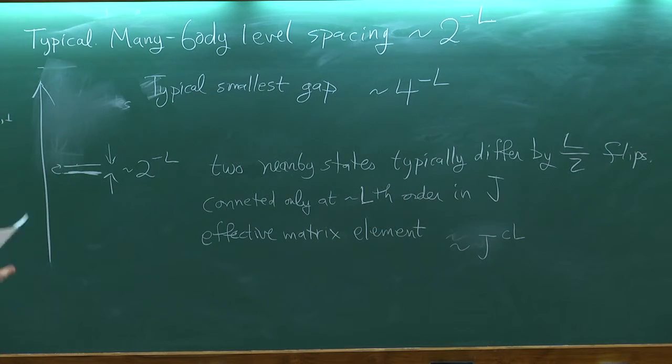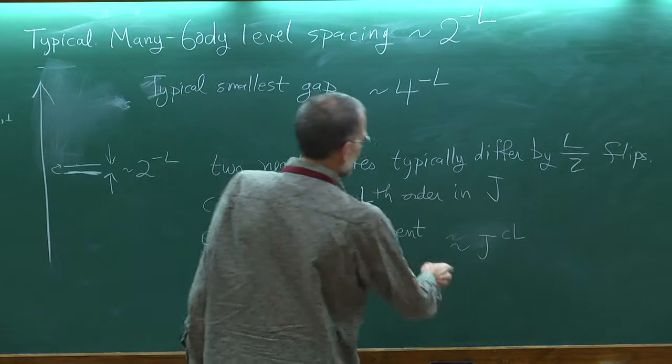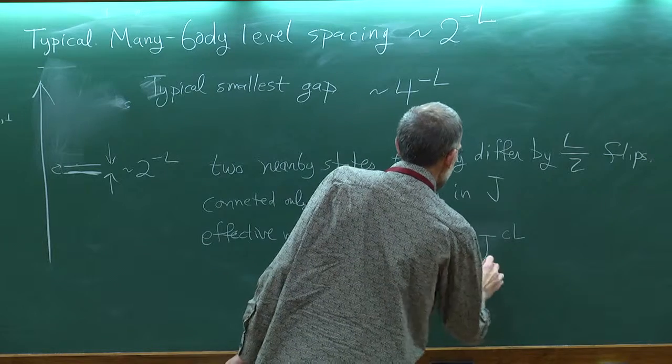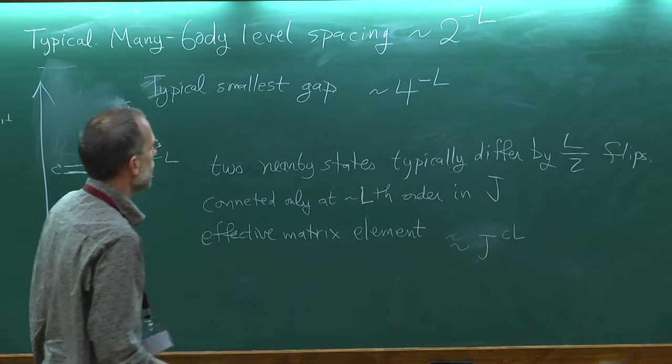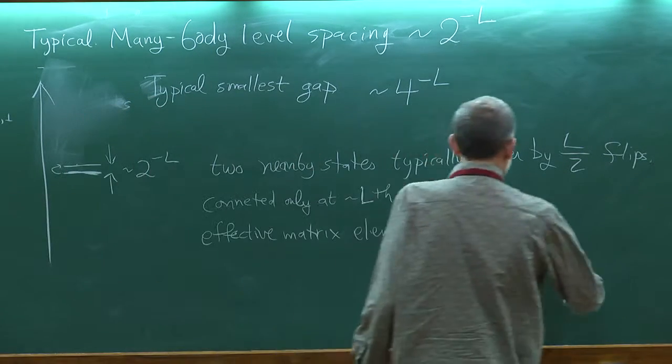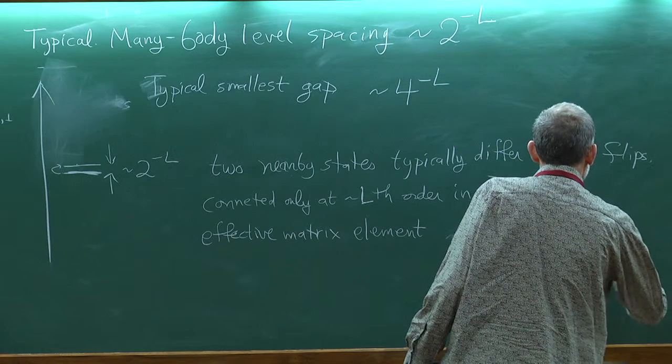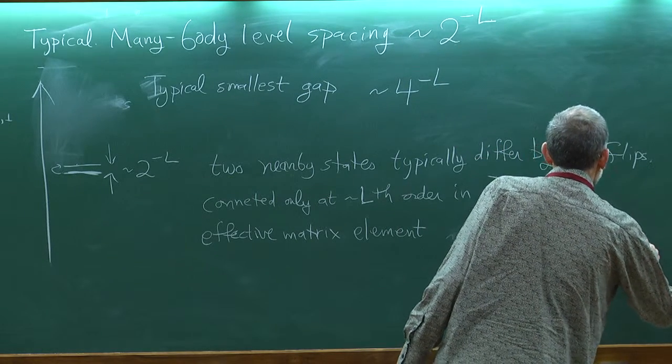It might be L over third order or something like this. And J is small, so we can just write this as e to the minus some other constant times L.